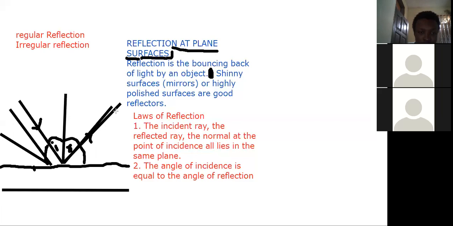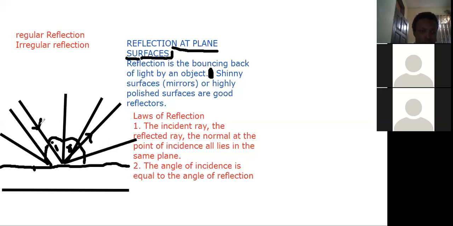You can even get some passing, some like this. You can also get some even moving in this direction. So they do not move in the same plane. They do not obey the laws of reflection to a larger extent. So that is how it is.